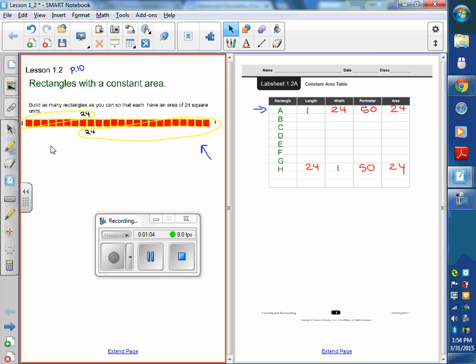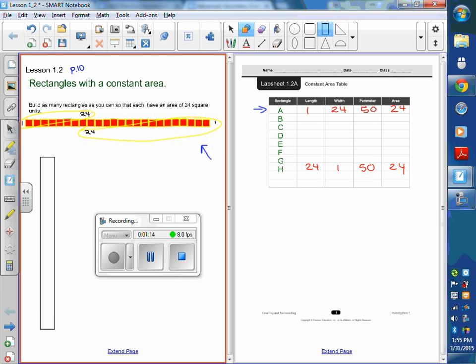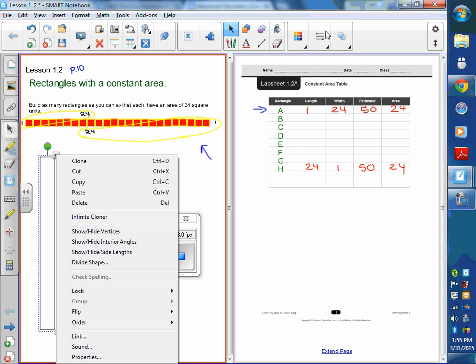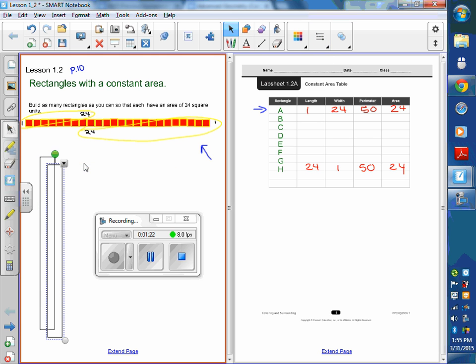And for this problem, not for every problem in your life, but in this problem in section 1.2, they're going to count this rectangle different than its rotation. So they're going to count the rotation as a separate rectangle.